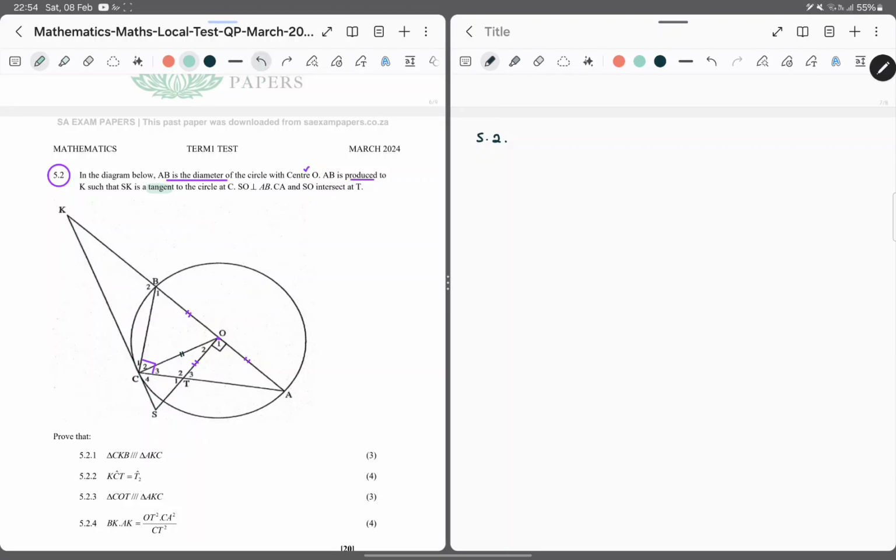If you guys don't know about tangents by now, you are really not serious. Because there's no question I have seen in the past 20 years that doesn't include a tangent in the exam. So please, guys, don't joke around here. Once we see a tangent, we know the tangent meets the radius at right angles.